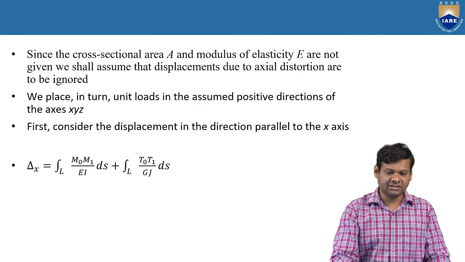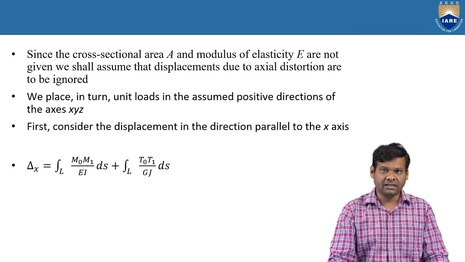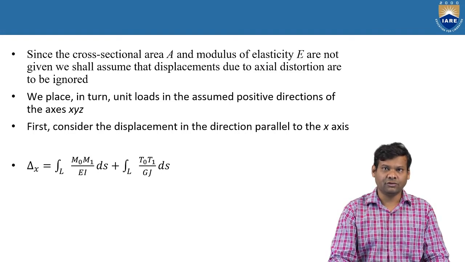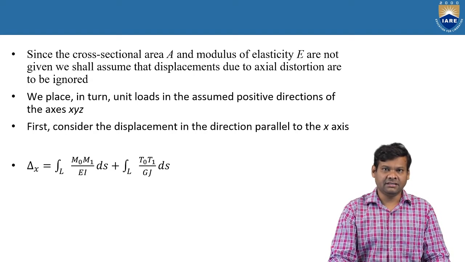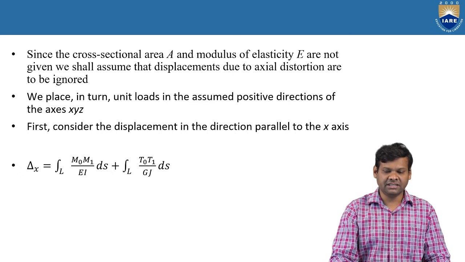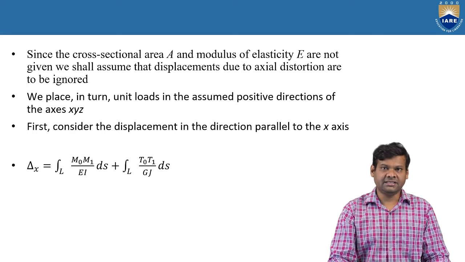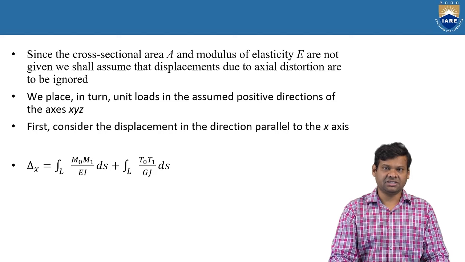Since the cross-sectional area A and the modulus of elasticity are not given, and what we have is only the EI and GJ values, that is flexural rigidity and torsional rigidity, we shall assume that displacement due to axial distortion is to be ignored.